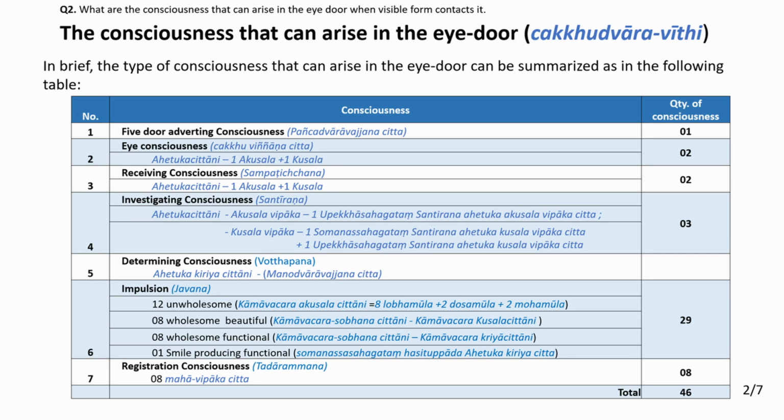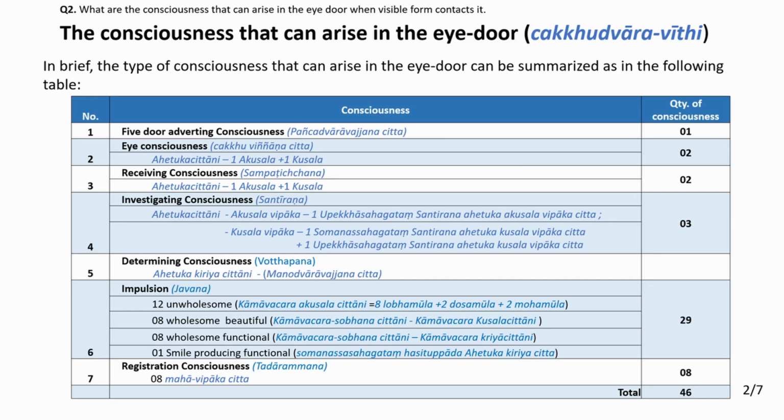So that way, maybe it will be more meaningful for readers who didn't go into details. Then the other thing is, I know the bhavanga is actually good for you to put in here, but because you are talking about Chakku Dwara Vithi, and the question also asks what can arise in the eye door, the bhavanga doesn't arise in the eye door. It actually arises before. Oh, I see.